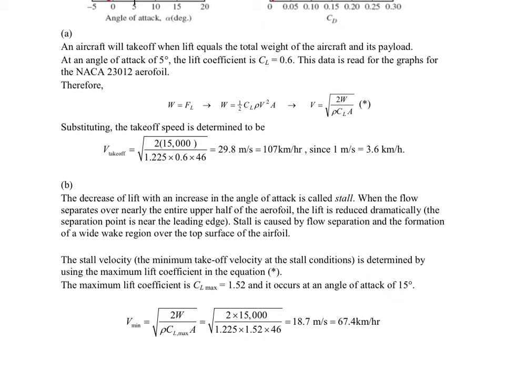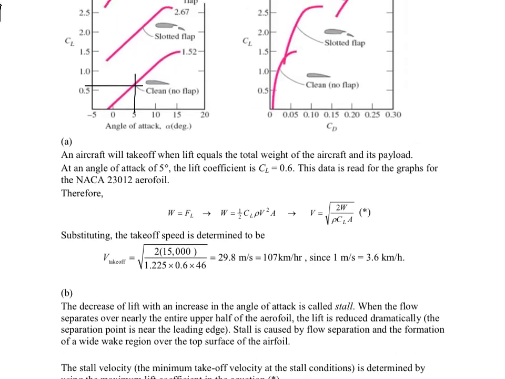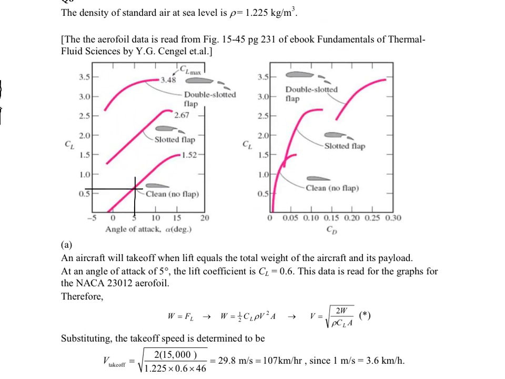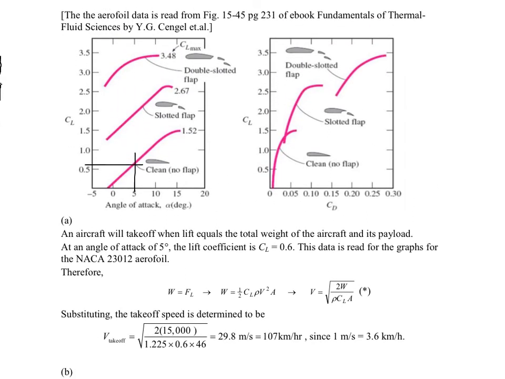Let's look at the graph. As you can see, at around 15 degrees, maximum lift is around 1.52. There's an abrupt loss at this point because stall begins to occur soon after this maximum lift.